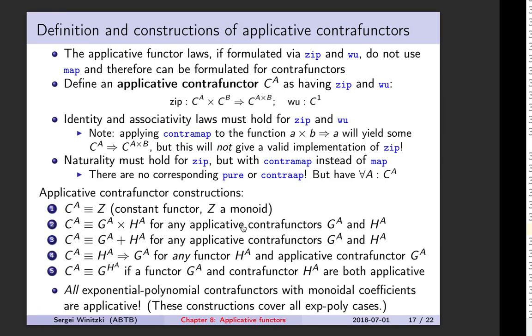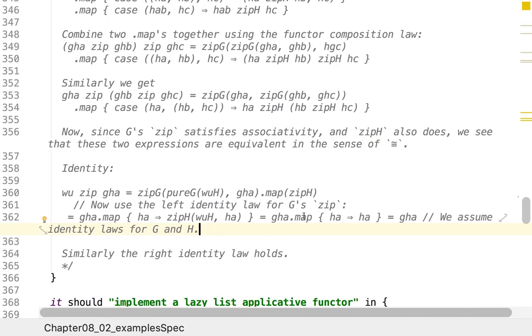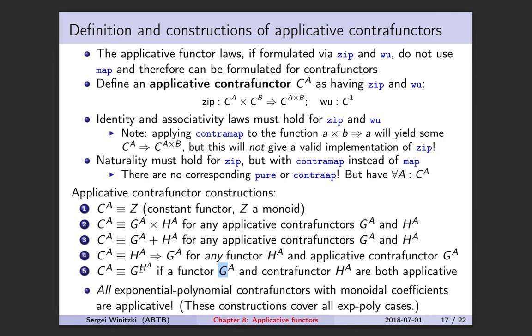And because of this, the proof that we gave for this construction for functors, where G was a functor and H also a functor, now G must remain a functor because we're using map on G all over the place. But H doesn't have to be a functor, it could be a contrafunctor.